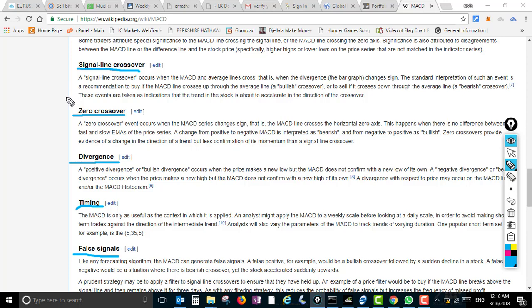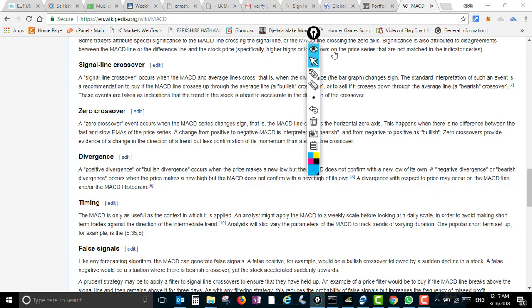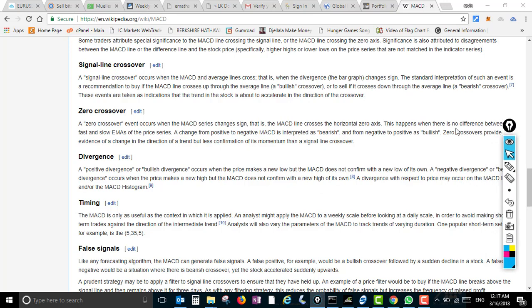Signal line crossover occurs when the MACD and average lines cross, that is, when the divergence bar graph shows up. The standard interpretation of such an event is a recommendation to buy if the MACD line crosses up through the average line. No need to read everything. You can go through the Wiki and find out what MACD is.